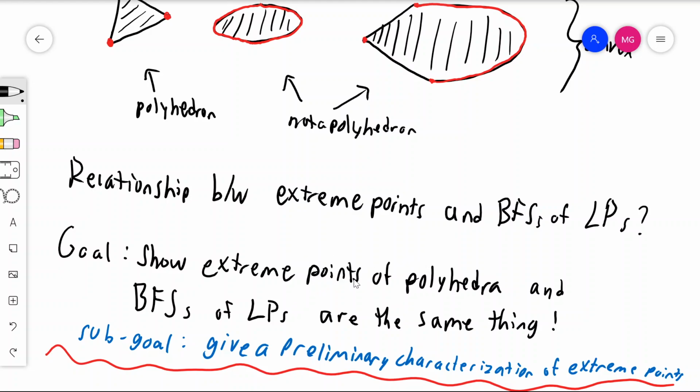And then, vice versa. If I look at the linear program and I look at the associated polyhedra, and I just look at the extreme points of that polyhedron, then those extreme points are the basic feasible solutions of the linear program.